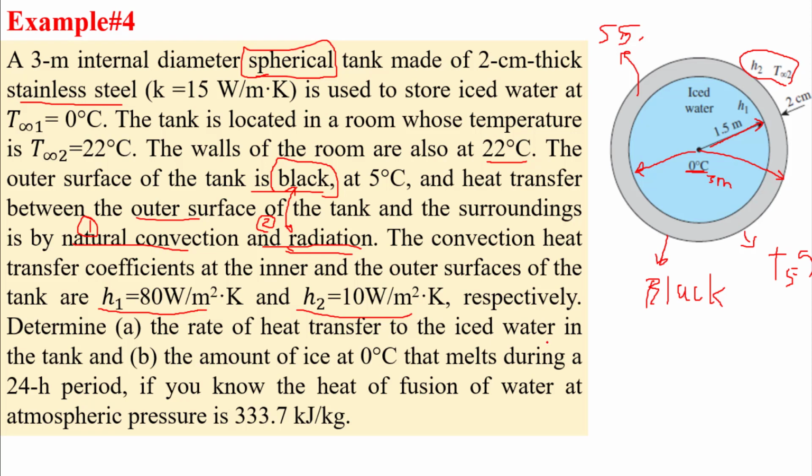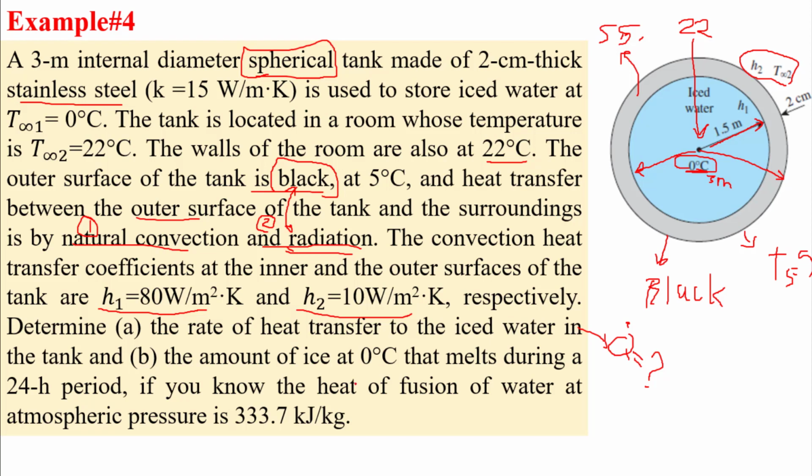So as expected, once this temperature is 0 and the surrounding temperature is 22, the heat will transfer from outside to inside. So we need to find out Q dot. Okay, so this is unknown.